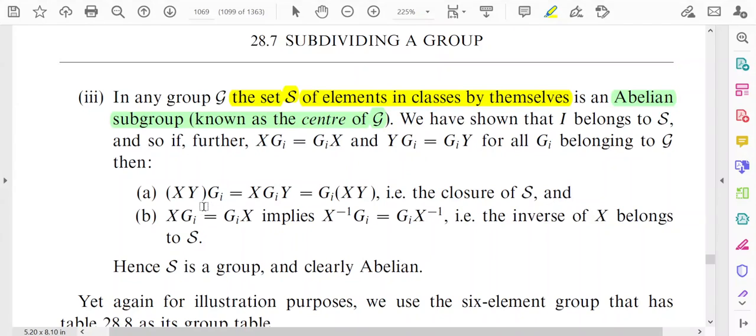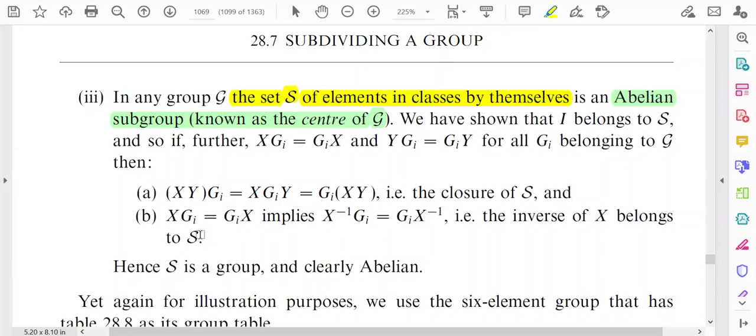We have just used the product xy here. So you can name the product as z. Suppose x into y is z. So z into gi is equal to gi into z, as this relation holds: x into gi is equal to gi x, y into gi is equal to gi y. Similarly, z into gi is equal to gi into z. So z is also an element of the set S and it establishes the closure property for the set of elements S.